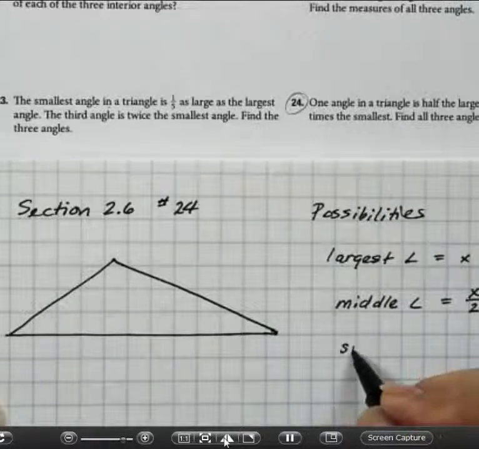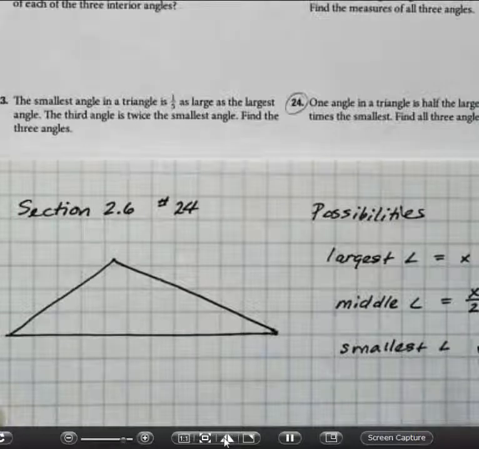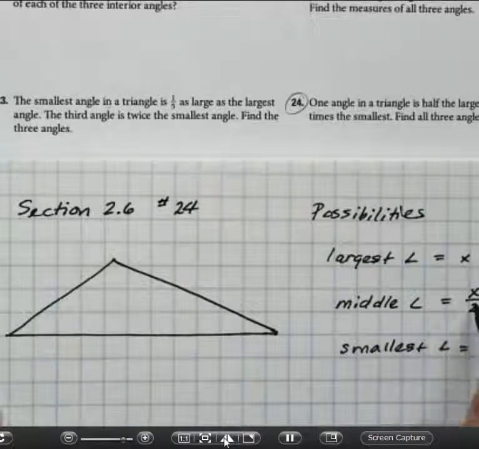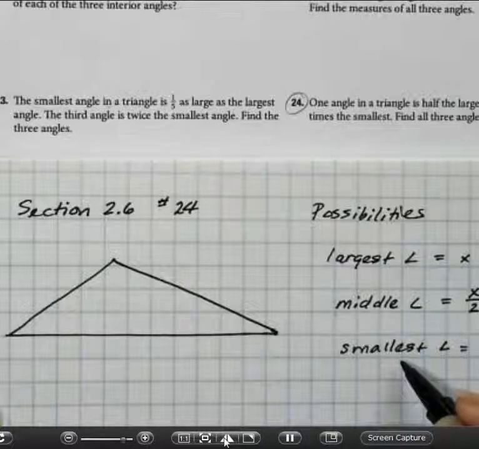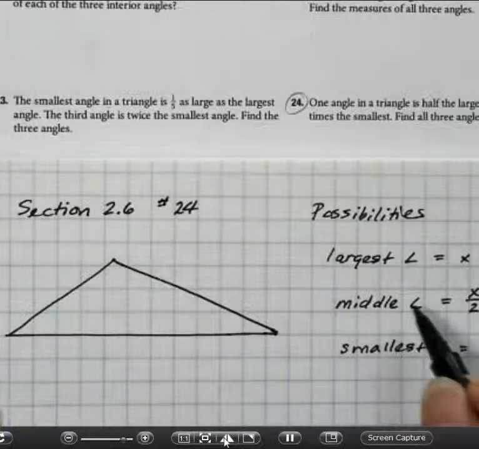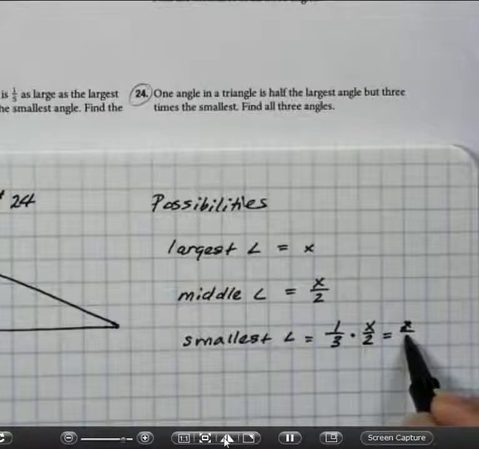So if we want to write the smallest angle in terms of the middle angle, which is 3 times bigger, that means the smallest angle would be 3 times smaller, or a third of the middle angle, which gives me x over 6.